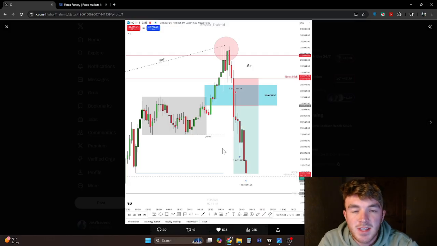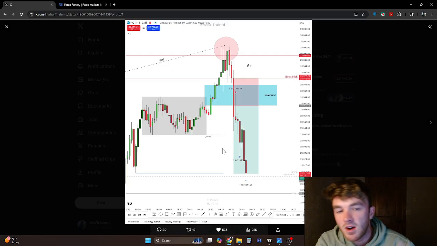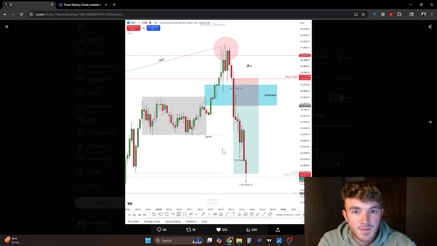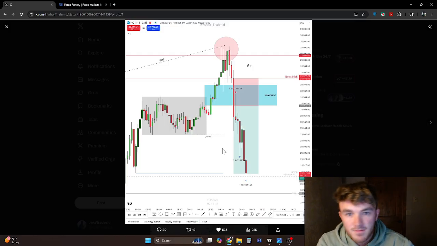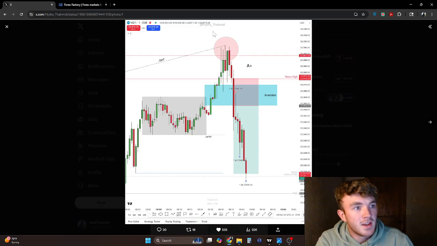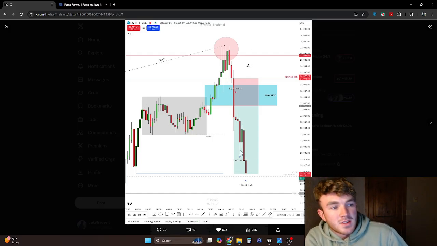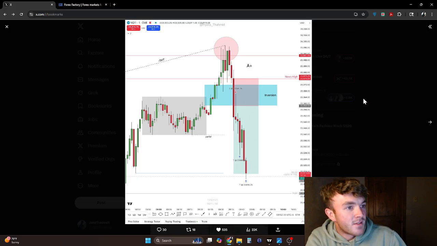You just have to conceptualize where people are going to get stopped out, identify where we had our range of price, identify where we manipulated, and then get on side to target the stop losses at the accumulation range and beyond, right? Conceptualize that whole idea. Conceptualize accumulation, conceptualize manipulation, get on side with distribution, and you can see it just enters two cons here, one here, one here. Very, very solid trade.